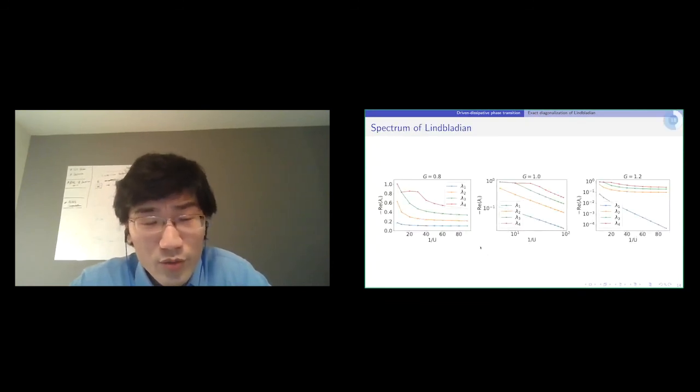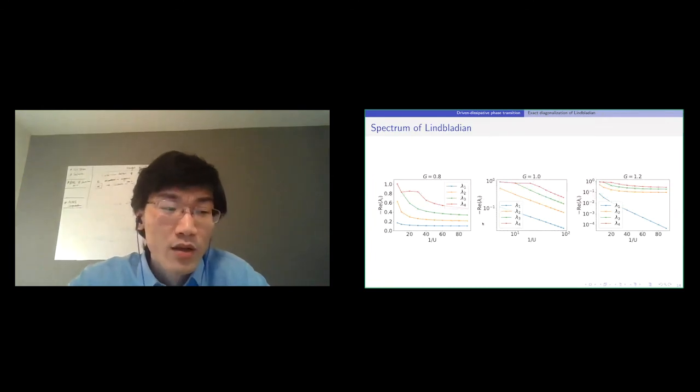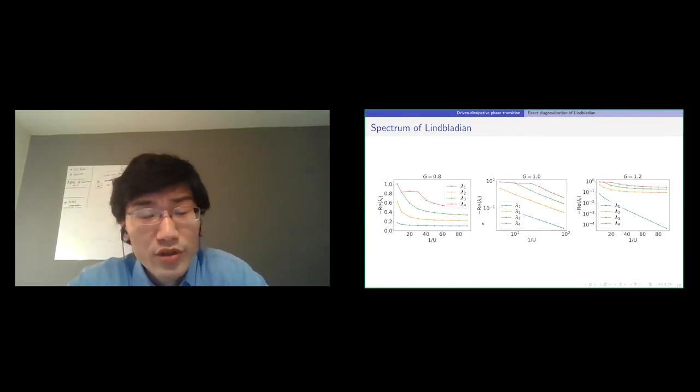Now because we have the exact diagonalization, we can also look at the eigenvalues, because we know from phase transitions of Hamiltonians that the system will become gapless at the critical point. Here similar things happen. Below the critical point, you can see that the real part of the eigenvalues will become gapped.